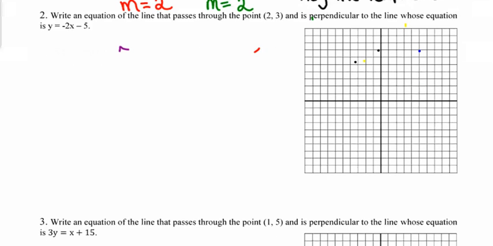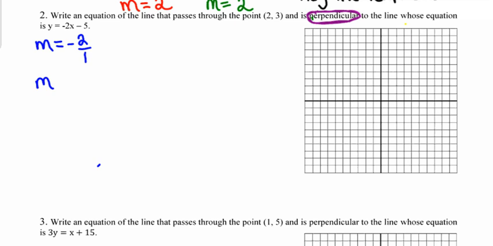In number 2, they're asking us to write an equation of the line passing through the point with coordinates 2, 3 and perpendicular. So again, when we see the word perpendicular, we think negative reciprocal slopes. The line's equation is y equals negative 2x minus 5. So the slope of this line is equal to negative 2, or negative 2 over 1.